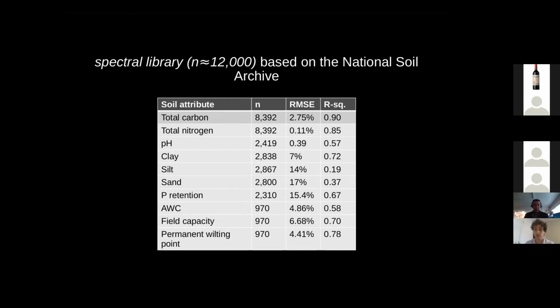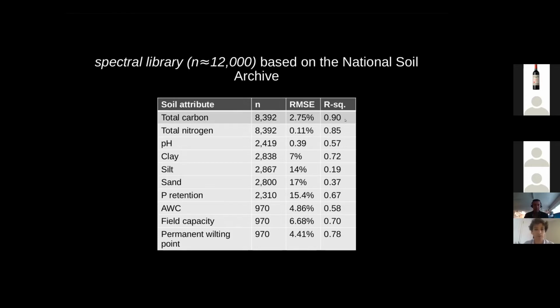It's the big classic in soil chemistry: carbon, nitrogen, pH, clay, silt, sand, which are more like physical properties of soils. Moving on to available water capacity, the AWC, which is a compound of field capacity and permanent wilting point. And you can see that those PLS models, depending on the attribute, can work very well.